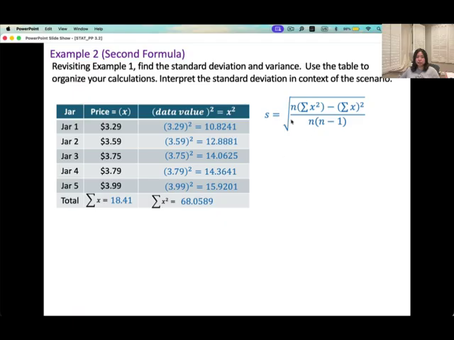Okay, now we're gonna plug into this formula. So n talking about the number of data. We do have 5 data here. Summation x squared, which is gonna be this guy, 68.0589. Summation x, that will be $18.41, and then take the square. Okay, so you plug it in, you should get this.